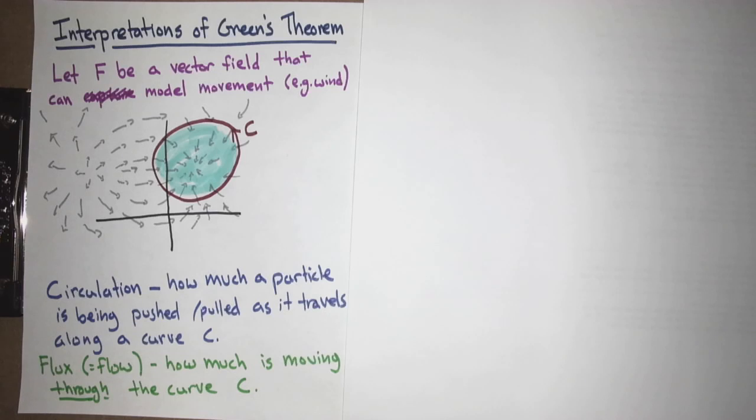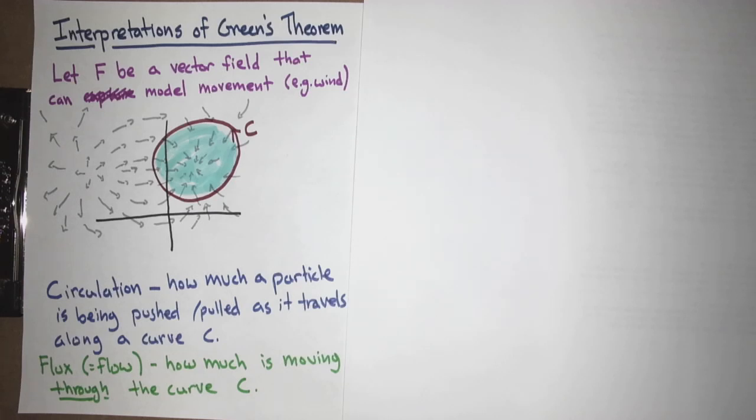A short arrow, not very windy at that point; a long arrow, very windy at that point. We mark all these arrows and we get a vector field. Now in this vector field, we're drawing a curve and integrating around it to measure things. There are two things we're going to look at.